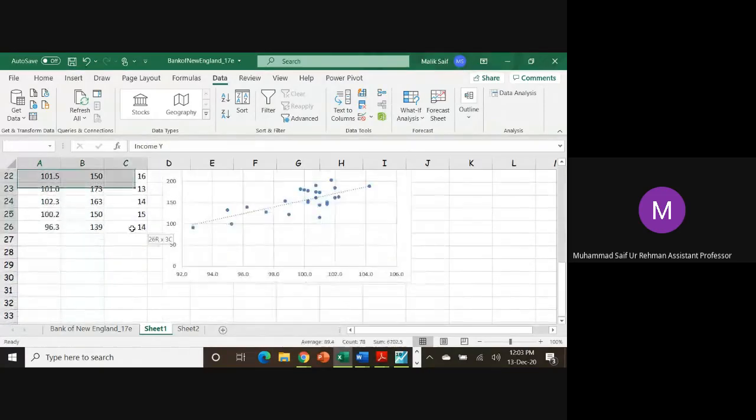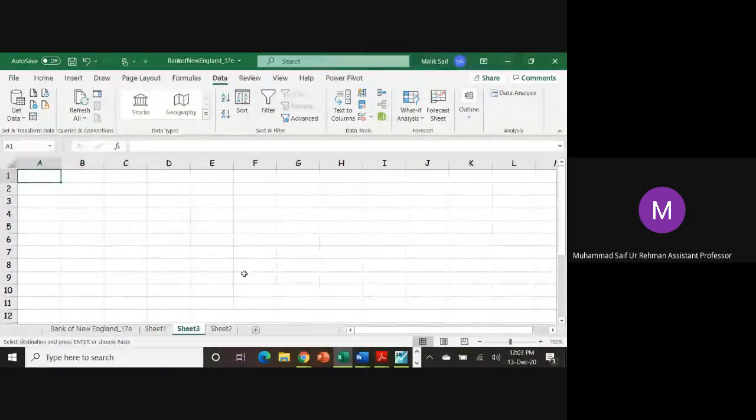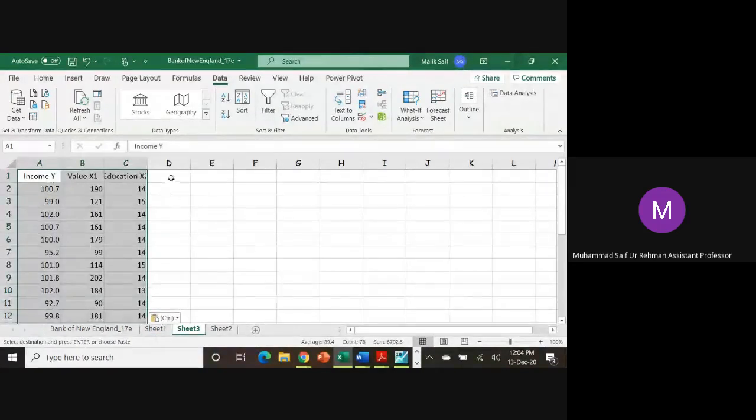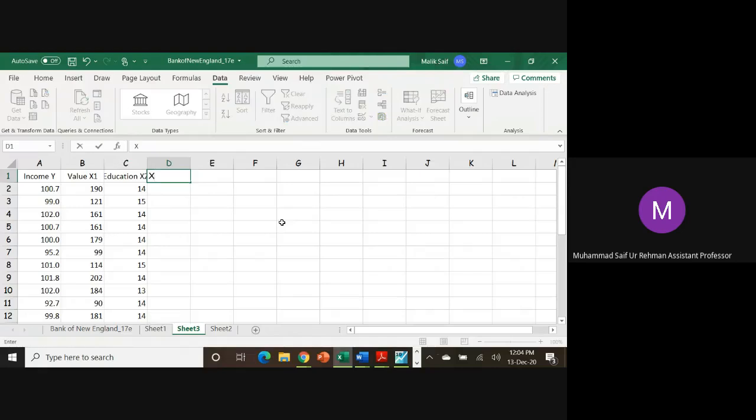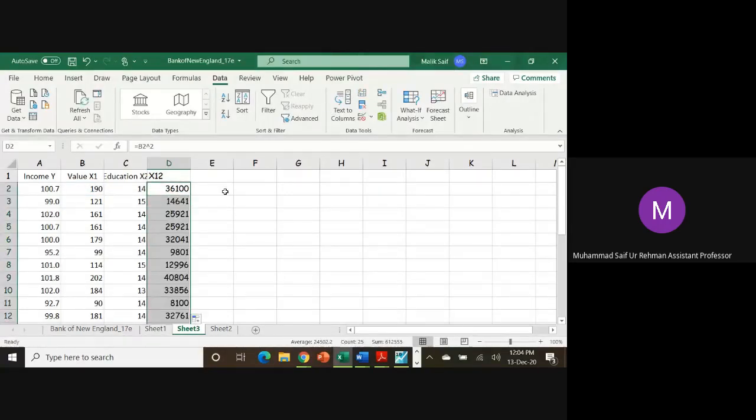If you are interested in x1i square, simply take this value, square it, and this is the answer. Then x2i square, so x2i square.